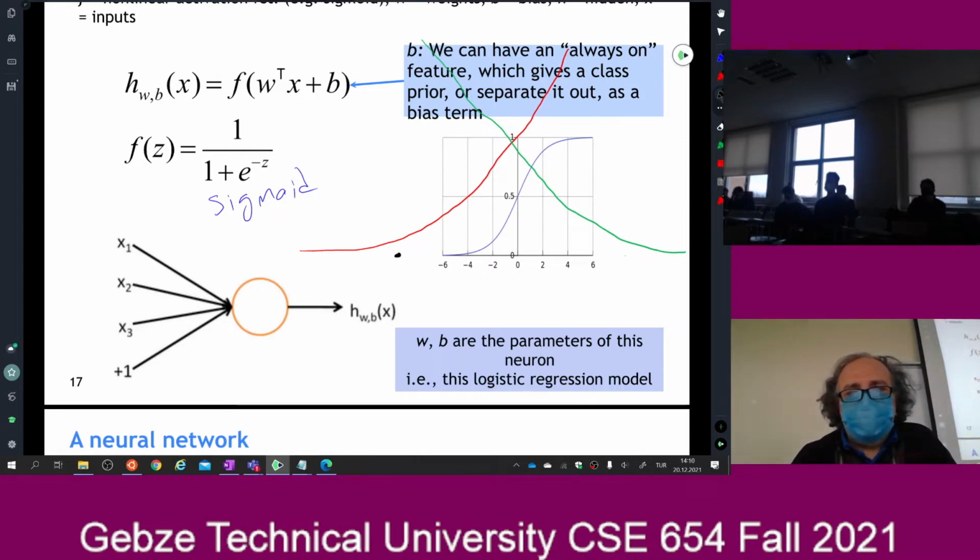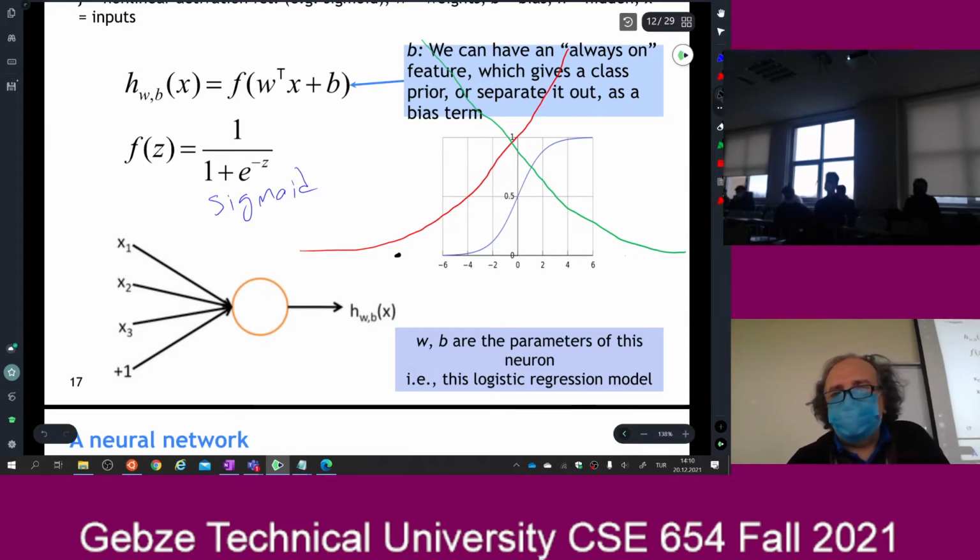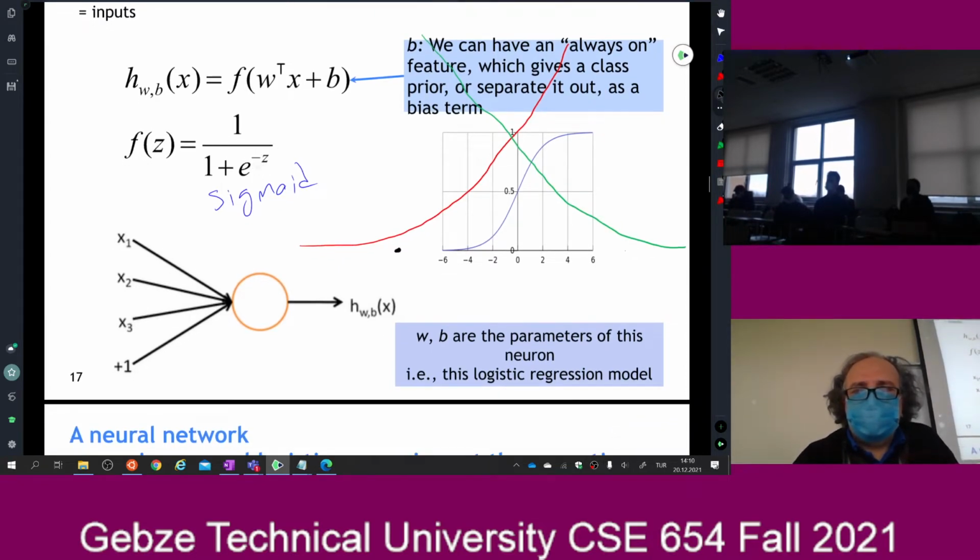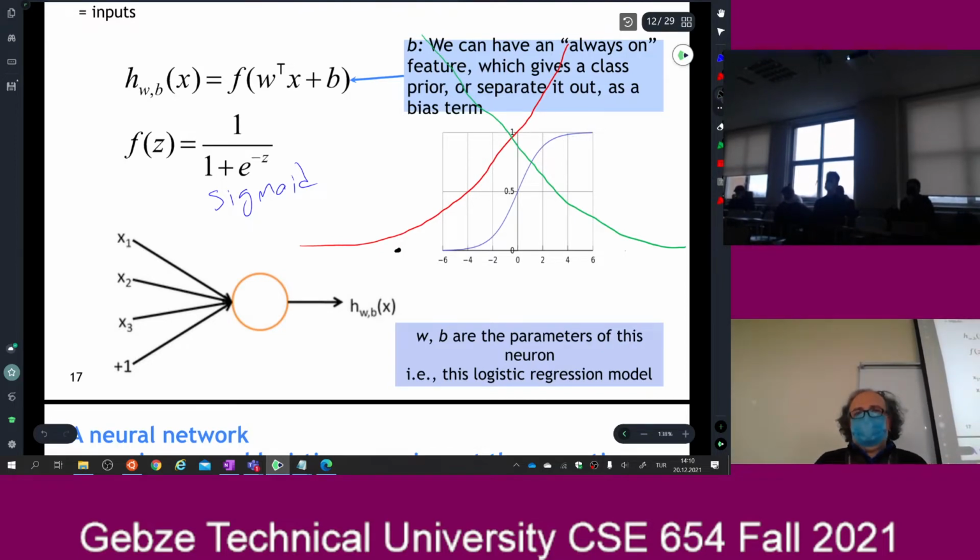For very small values of z, e to the minus z is going to be very, very large, so 1 over 1 plus a large value is going to be 0. So it's going to be exactly like the blue line.